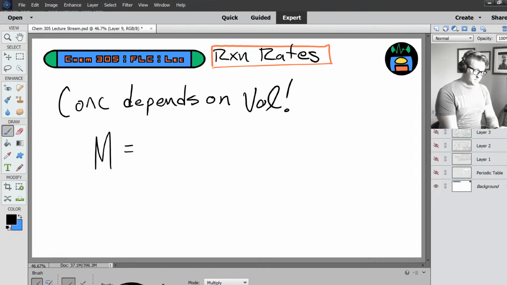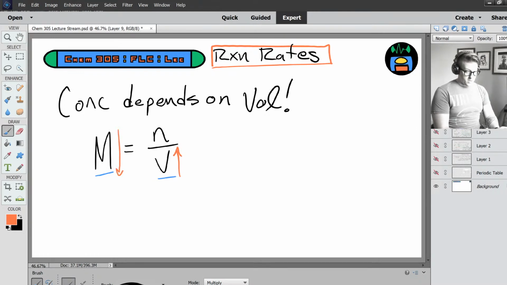And molarity is moles per volume in liters. So you'll notice that volume is in the denominator of molarity. And so they're inversely proportional. When volume is huge, your concentration is going to be small, right? And a low concentration means a slow reaction rate. When your volume is small, your molarity, your concentration is going to be large, and a large concentration means a faster reaction rate. So volume does affect the reaction rate because concentration is volume dependent.